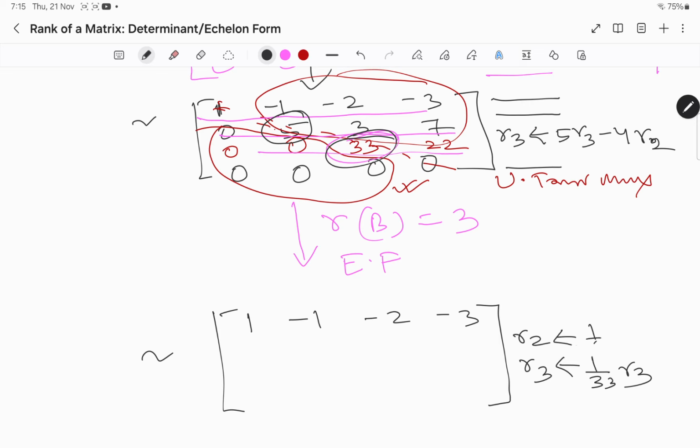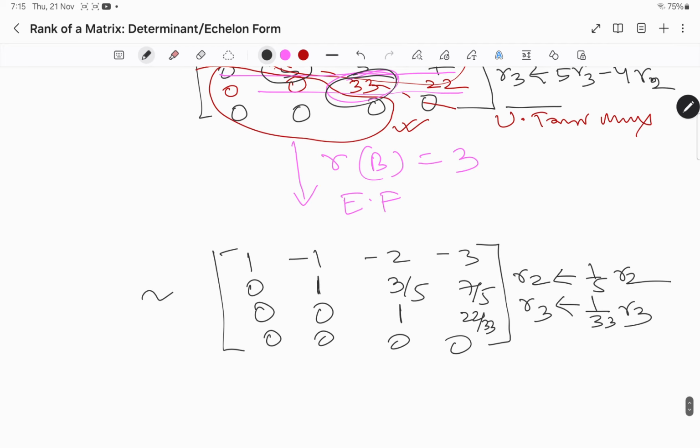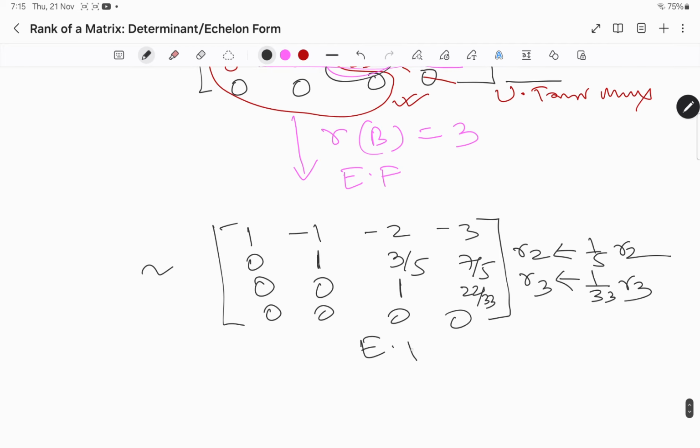R2 is replaced by 1/5 R2, so this is 0, 1, 3/5, 7/5. Now it is 0, 0, 1, 22/33, and 0, 0, 0. You see, now this is my echelon form.